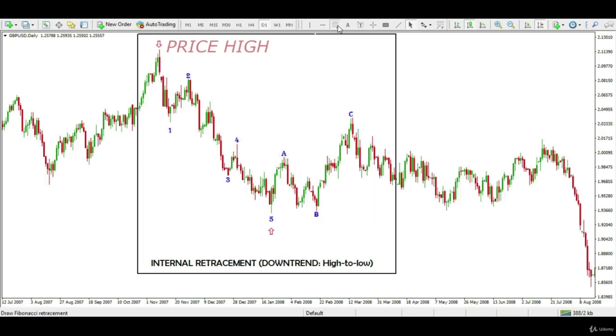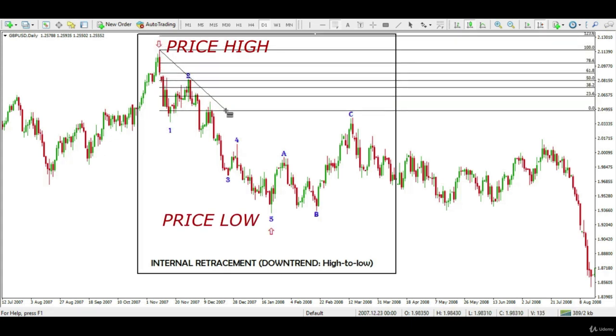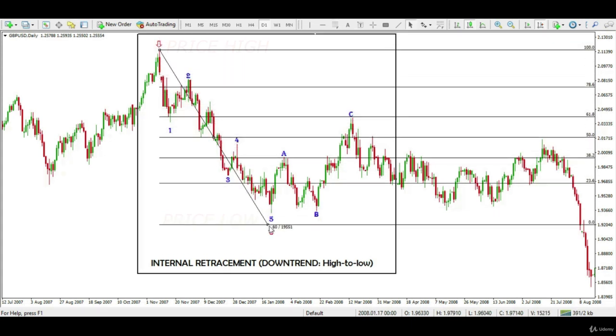Therefore, using the high and low of this 5-wave sequence, we can plot internal retracement to project termination of ABC correction.